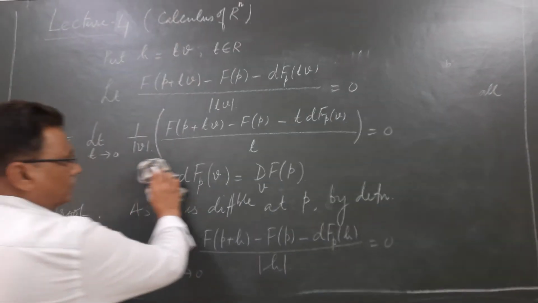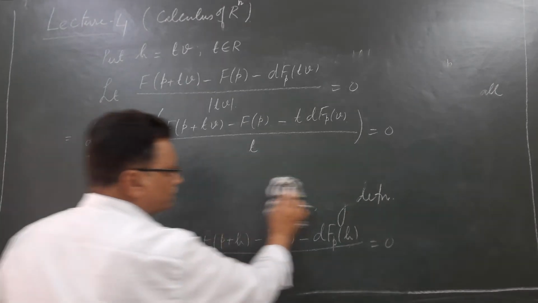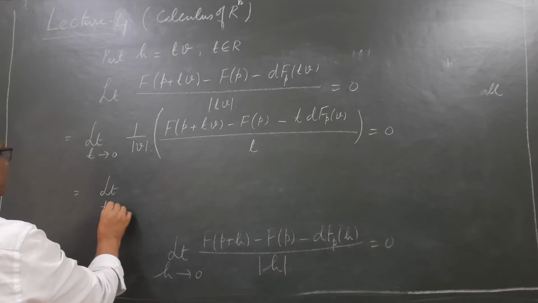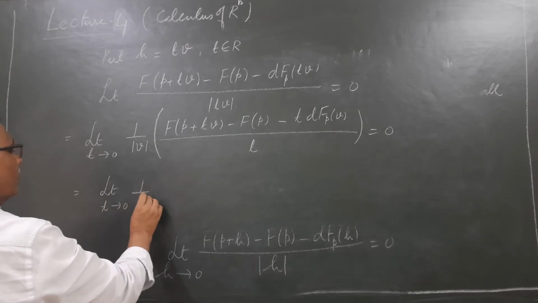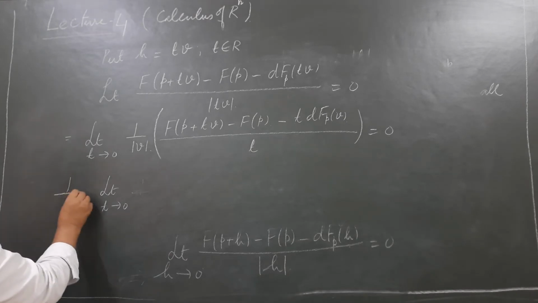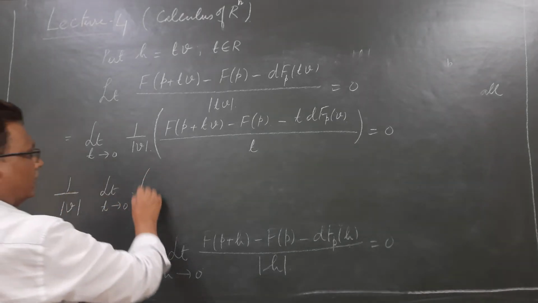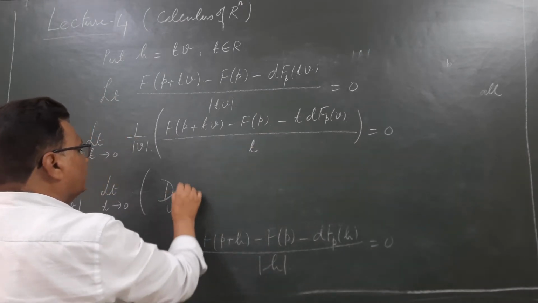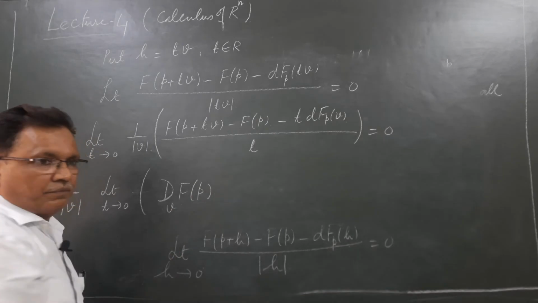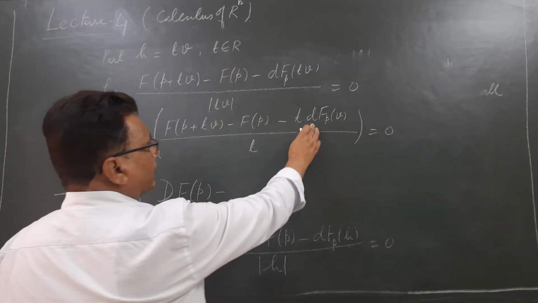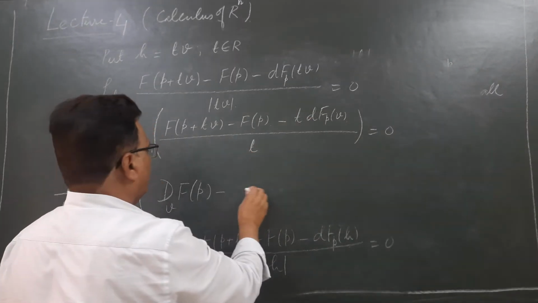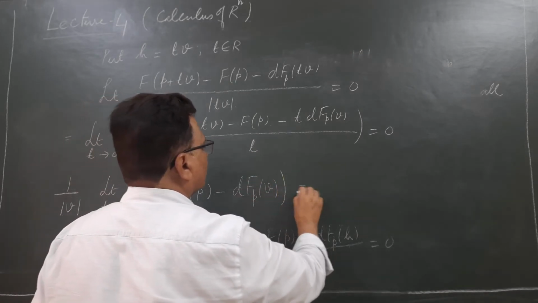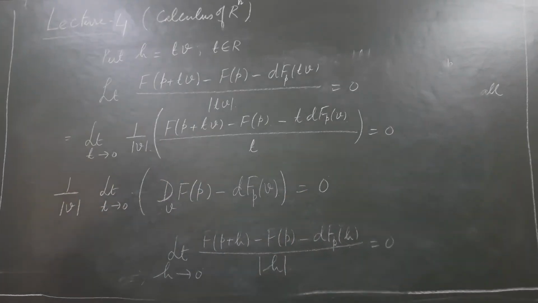Okay, so it becomes the limit as t tends to 0 of 1 upon modulus of v, and here this term in the limiting case will be the directional derivative of f at p, minus, in the second term t will cancel t and it will be simply df_p(v), equal to 0. Now look at this.